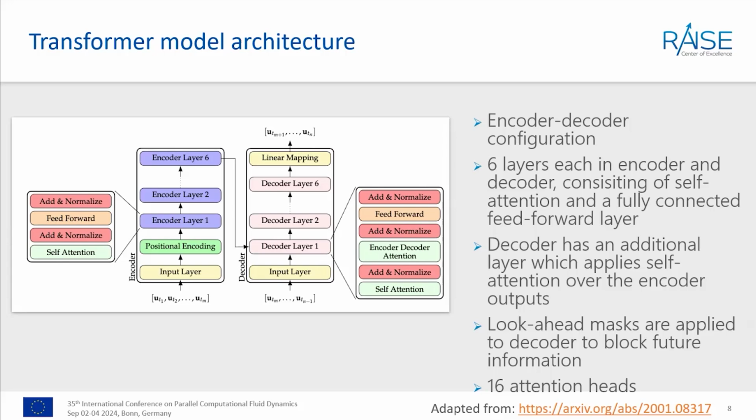It looks similar for the decoder, except here we also need the encoder-decoder attention, which is this arrow that you see here. For the decoder, we also need to apply this look-ahead mask so that the network does not see information from the future when it's predicting something. We also did some hyperparameter optimization to arrive at these numbers of layers, attention heads, and things like that.